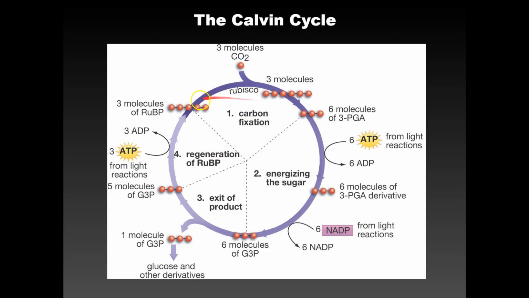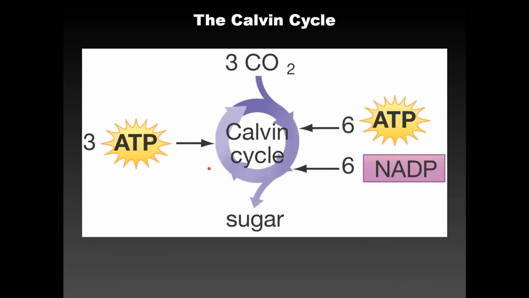And then the cycle starts over. The RuBP comes in, you fix the carbon, ATP comes in, you energize those carbon chains that you've stuck together. One of those chains leaves and actually goes to make sugar. The rest of them regenerates RuBP.